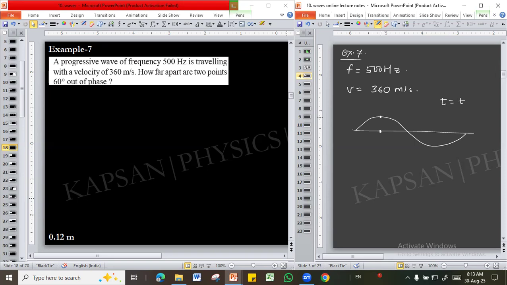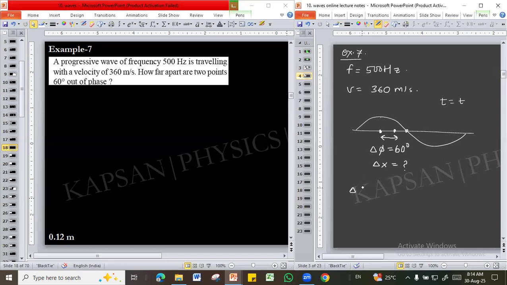This particle is at 90-degree phase, this particle is at 0-degree phase, so their phase difference is 90 degree. No, we don't want particles having phase difference of 90 degree. We want the separation between the two particles having phase difference of 60 degree.